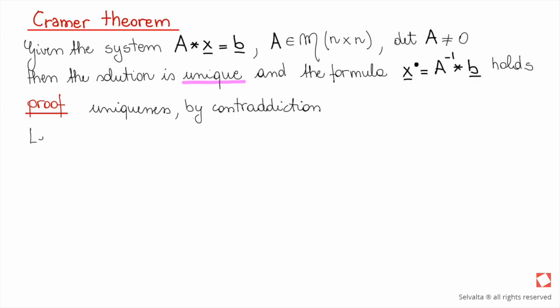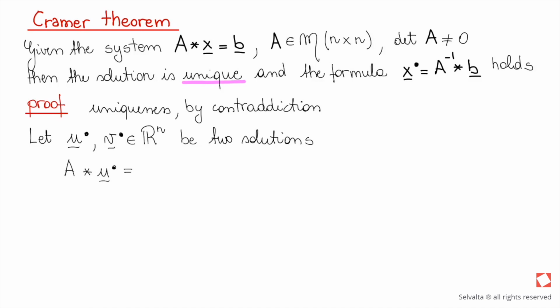Now, let's assume that u dot and v dot are two vectors in Rn that can change the system into an identity. That is, if I pre-multiply the vector u dot by A, I obtain identically the vector b. And if I use v dot and I pre-multiply it by A, I will identically as well obtain the vector b.